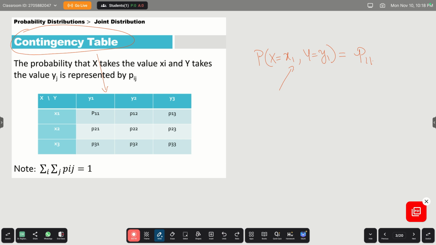You can check this p11. It's written in the first row, first column. The first row is for x1 and the first column is for y1.